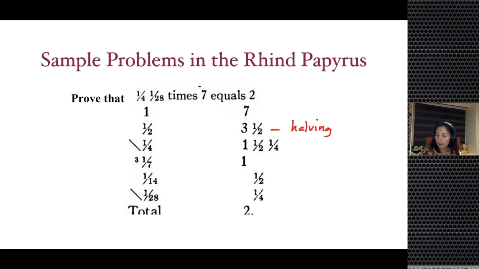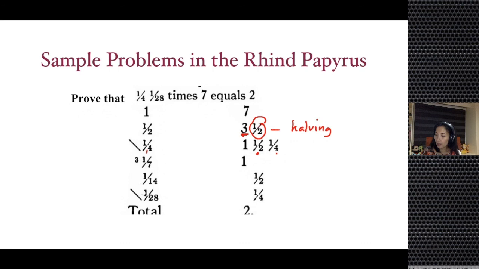Then take also the half. Half of 1 half is 1/4. Half of 3 and 1 half is 1 and 1 half, and half of 1 half is 1/4.